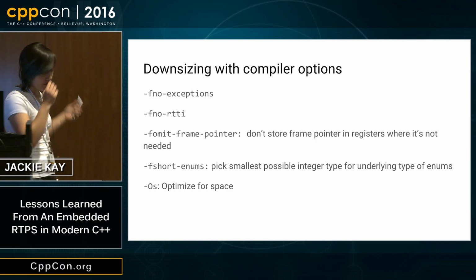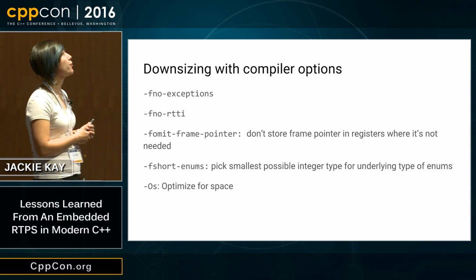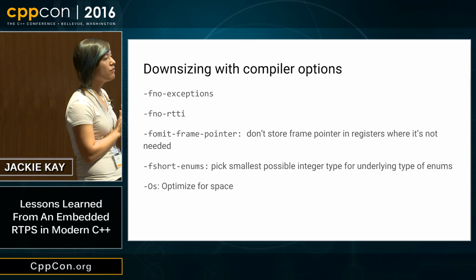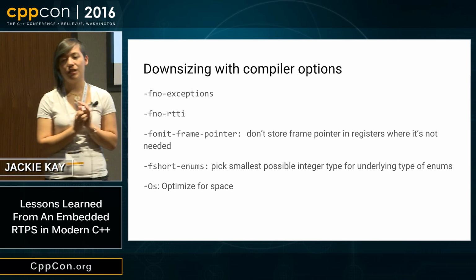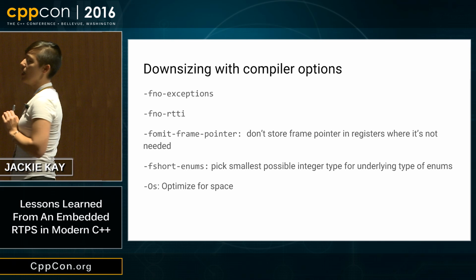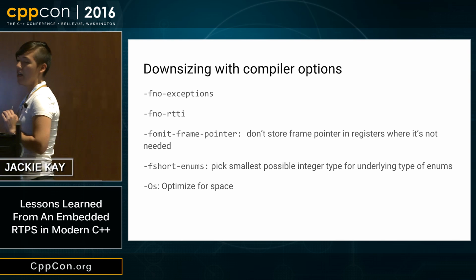So we have some tricks. We have some compiler tricks for reducing code size so that the size of your compiled binary can fit on this relatively small space. The first two, I think, are self-explanatory.